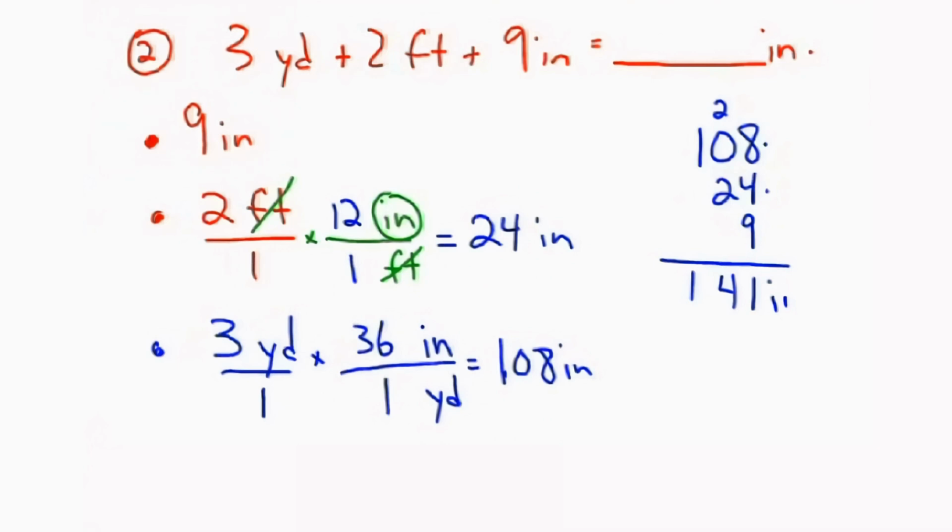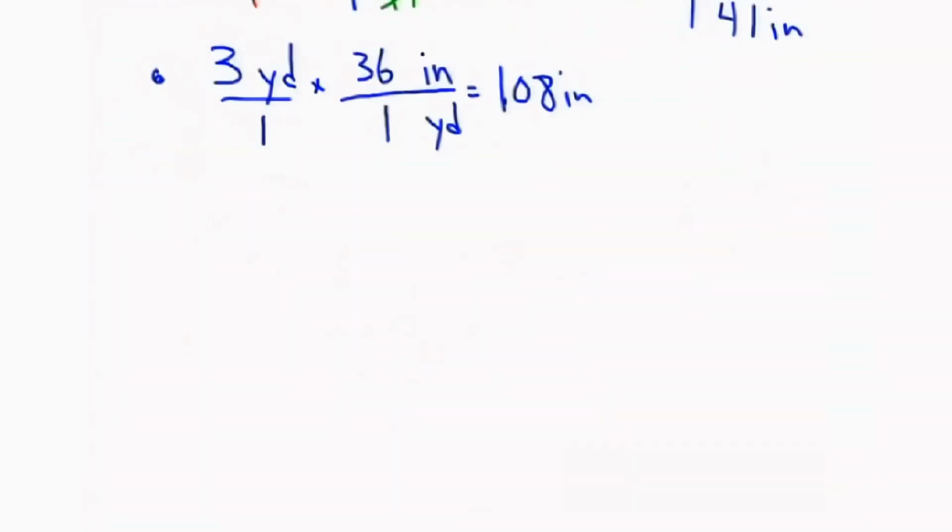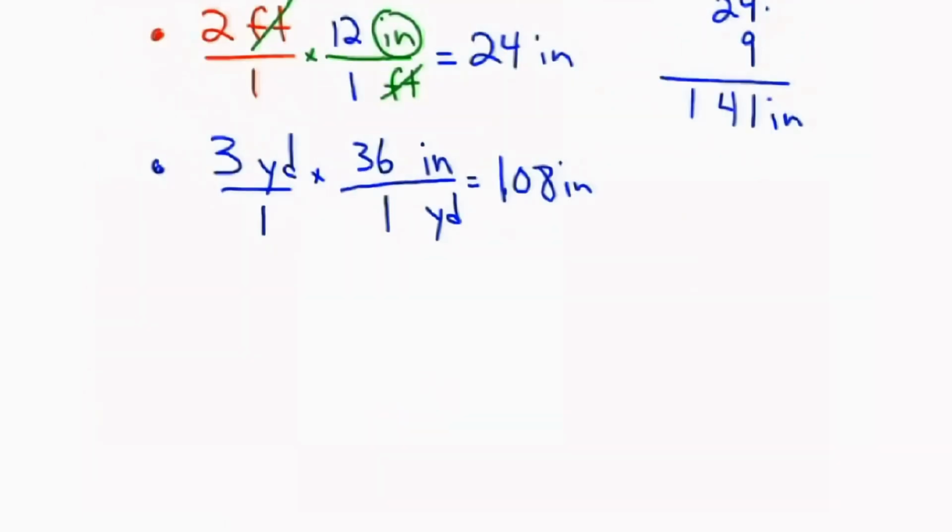And just for a moment, I want to look at this last one here. If I had started with 3 yards, and I didn't remember that there was 36 inches in 1 yard, the 2 that you have to remember for sure are that there are 12 inches in 1 foot and 3 feet in 1 yard.